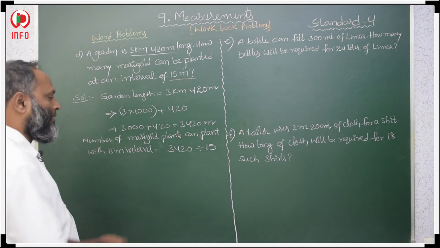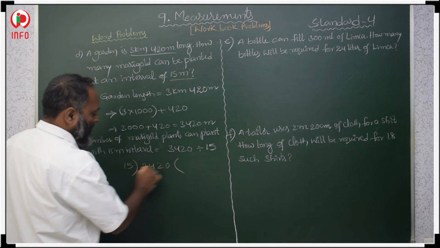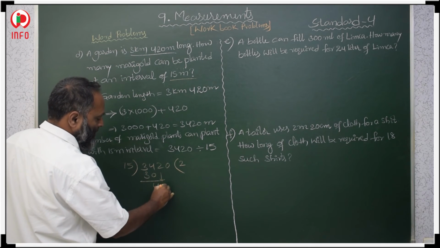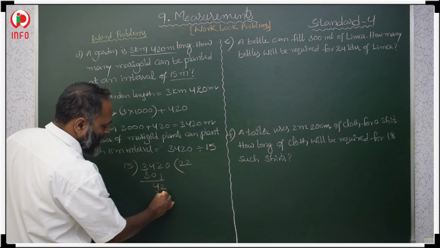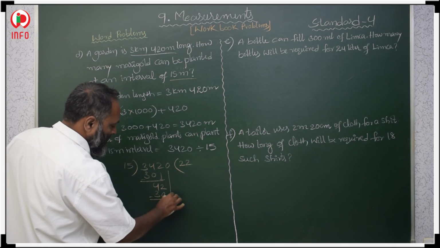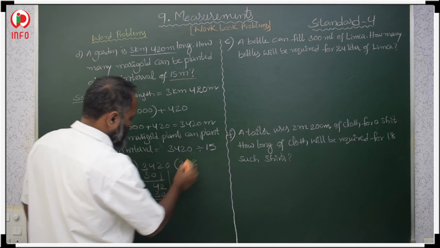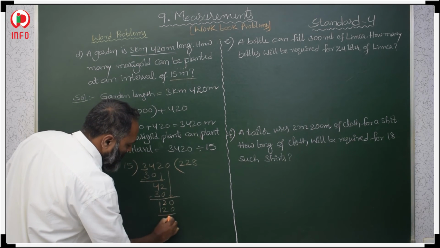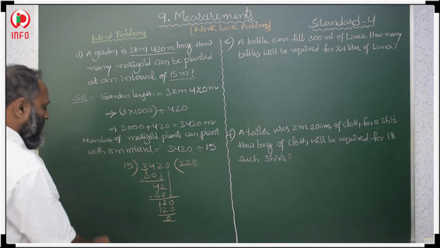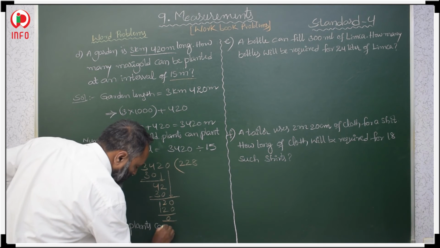So, 15 divides 3420. 15 2s are 30, then 4, again next 15 2s are 30, then 2 minus 0 is 2, 4 minus 3 is 1, the next is 0. 15 8s are 120. Then 228 plants can be planted. How many plants? 228 plants can be planted.